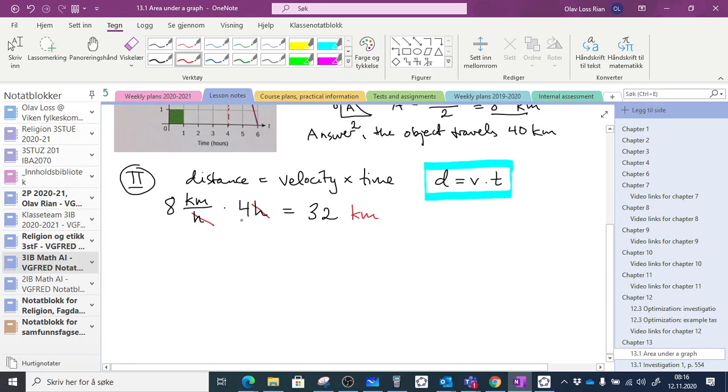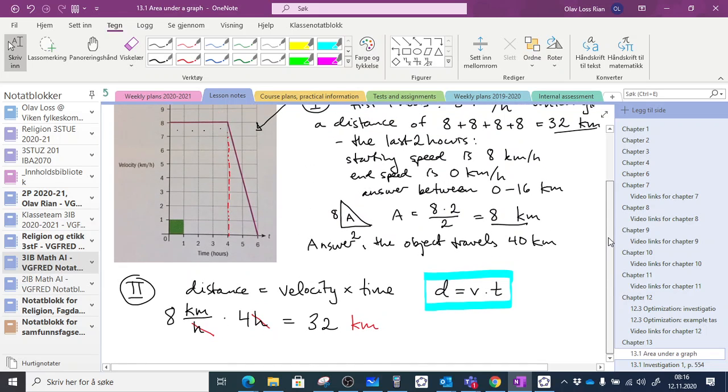In the previous example, we actually found the area under the graph, and that seems to be cool. Later, we're going to expand this into a universal result.